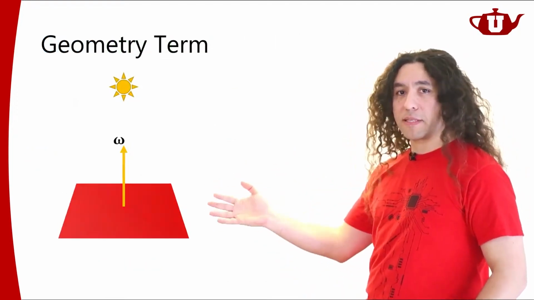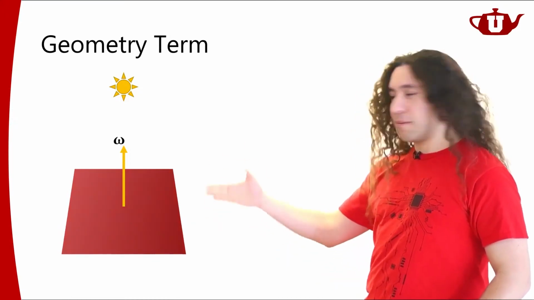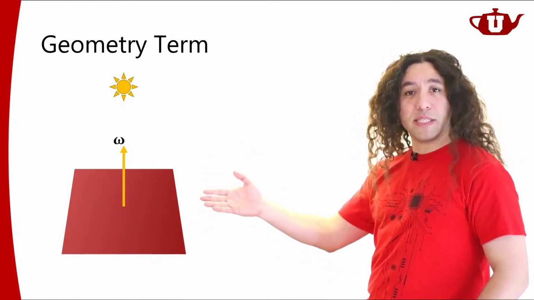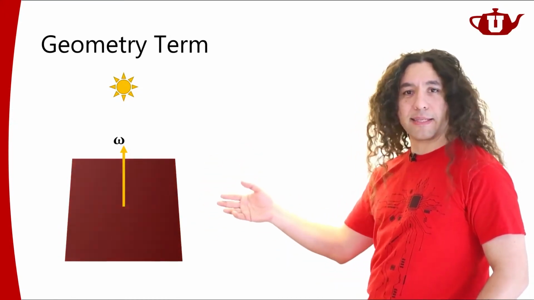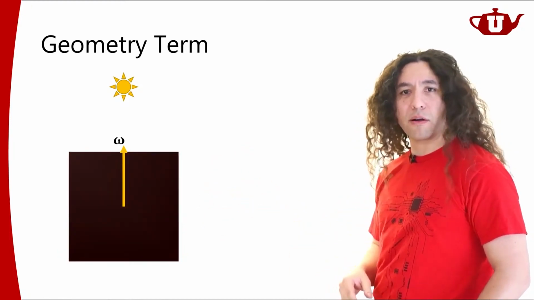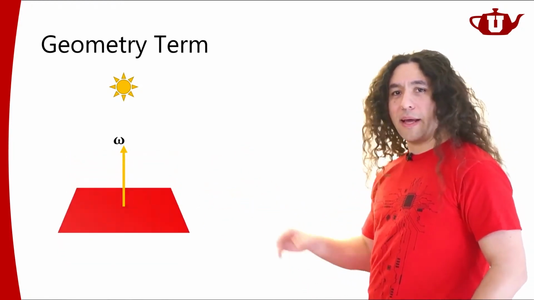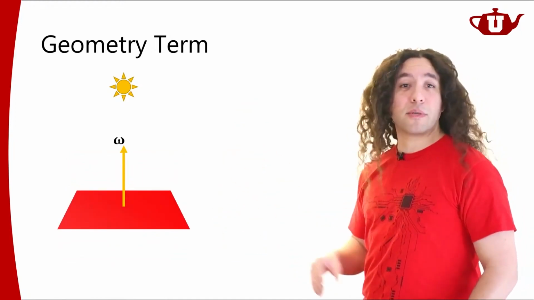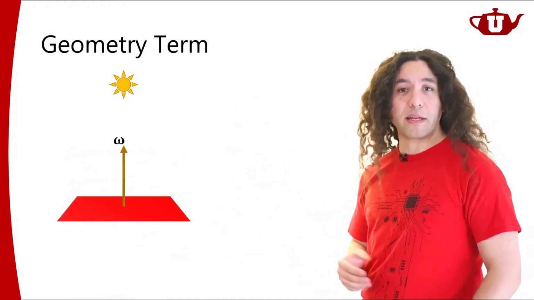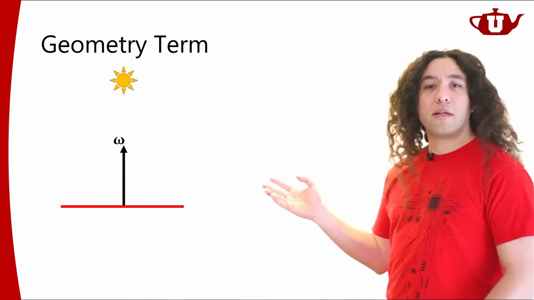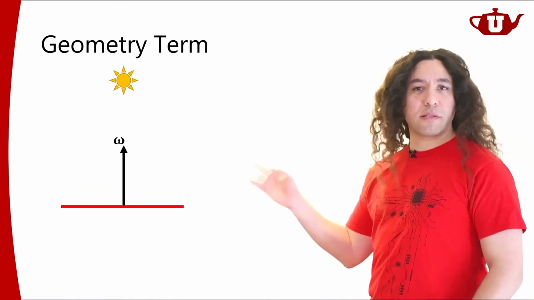So if I take the surface and rotate it, the amount of light per area that I'm receiving gets less and less, and so the surface looks darker and darker. And as the light direction is aligned with the surface normal, I'm getting the maximum amount of light. And we tried to look at this in this 2D cross-section like this.